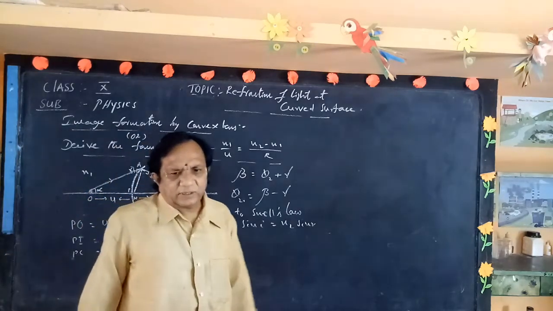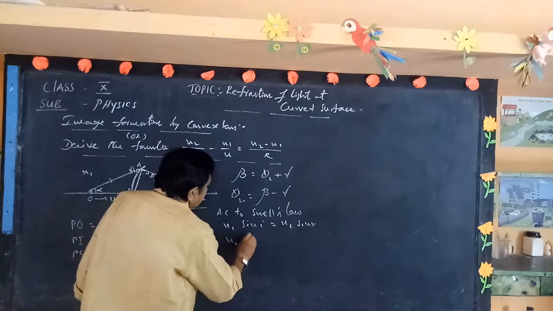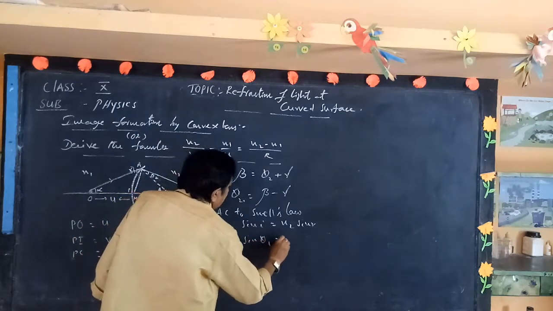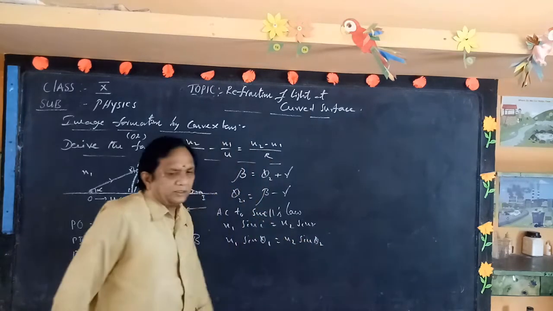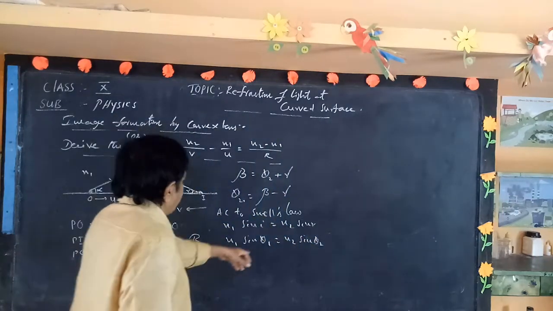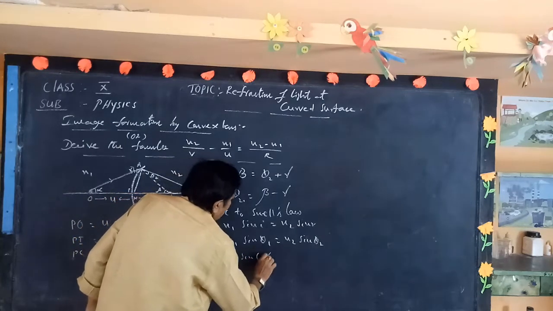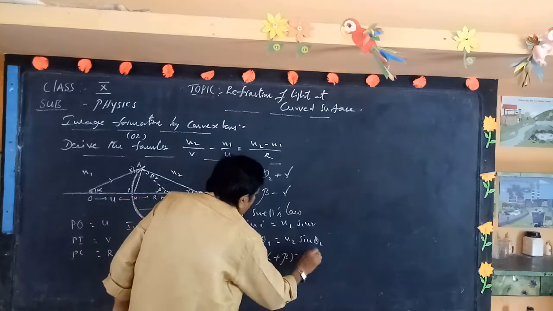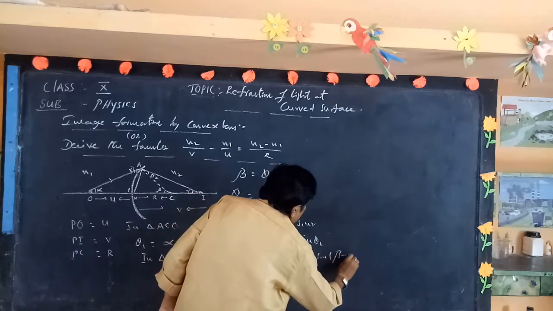Now what do you get? N1 sin theta 1 is equal to N2 sin theta 2. Now, what are the values of theta 1 and theta 2? N1 sin of alpha plus beta is equal to N2 sin of beta minus gamma.